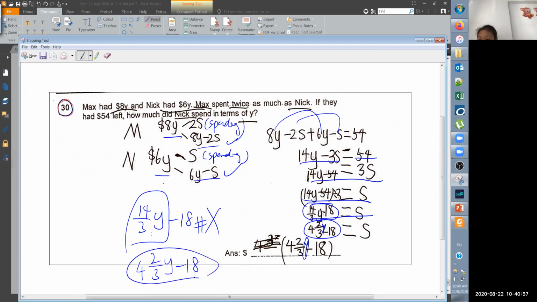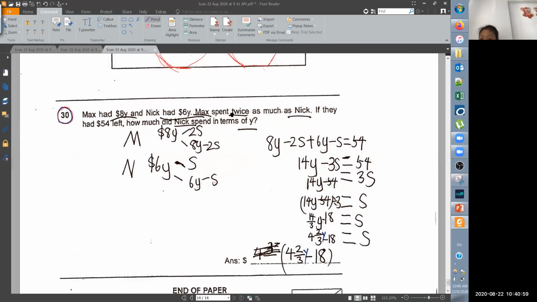And by the way, if you read the question, it says in terms of y. 你的这个题目这边都没有 y，那你应该发现自己错了嘛，对不对？Can you read the question, in terms of y, and then suddenly there is no y here. How can you be correct?